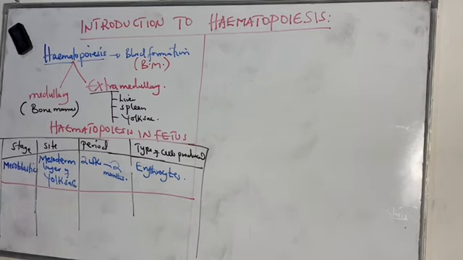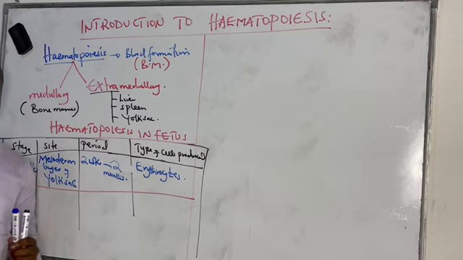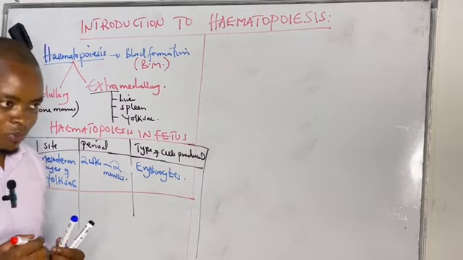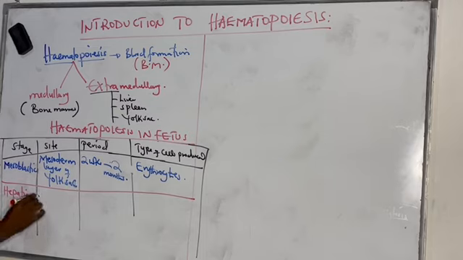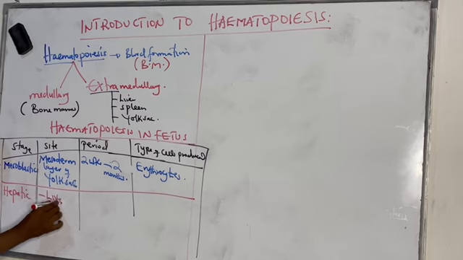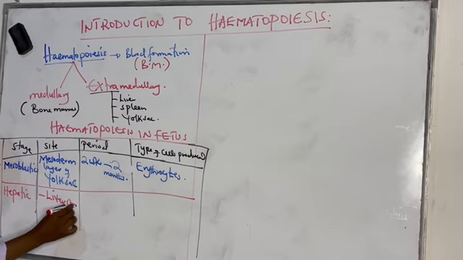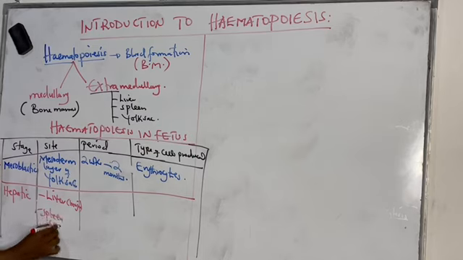Then after knowing the first stage, we get the second stage, which is known as the hepatic stage. Since it is hepatic, it means majorly it is occurring in the liver cells. This is major. Then in the spleen, it is minor.